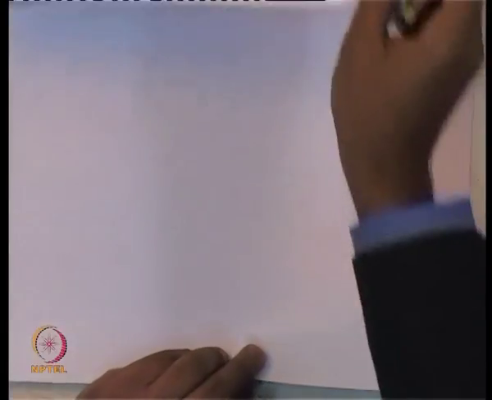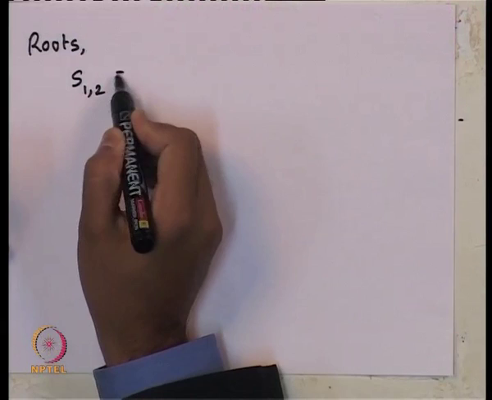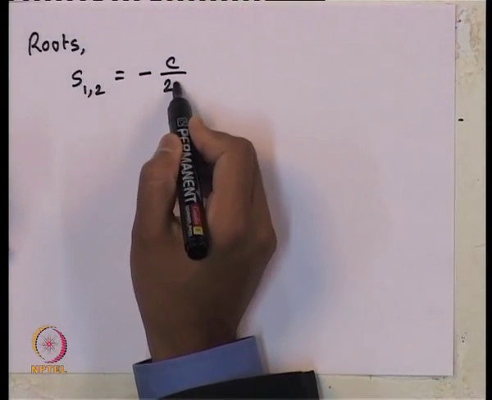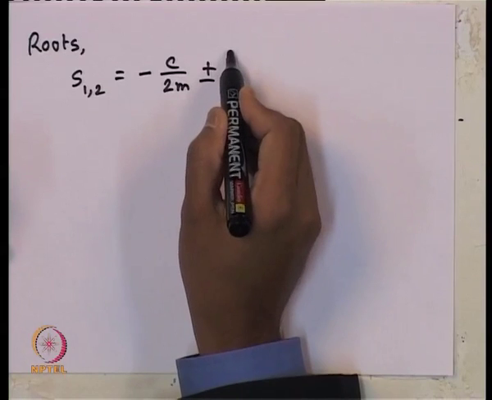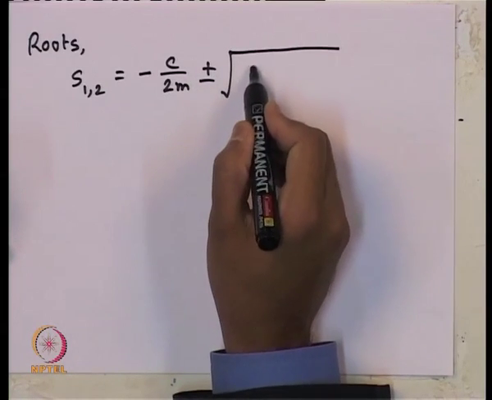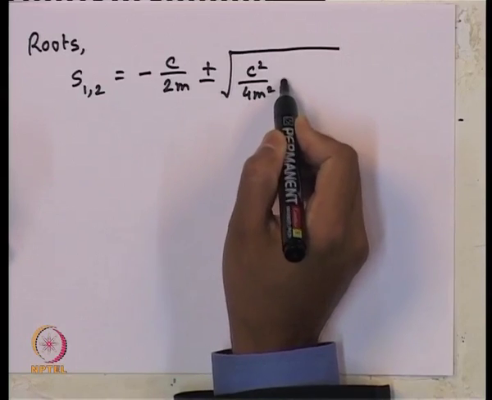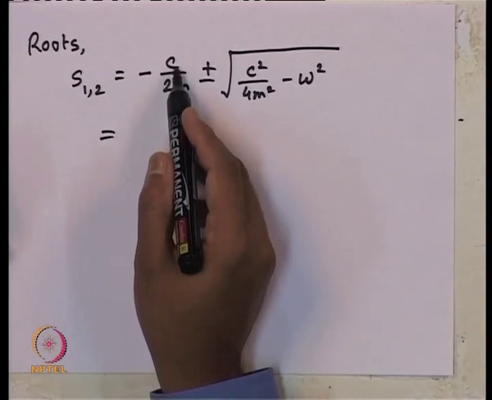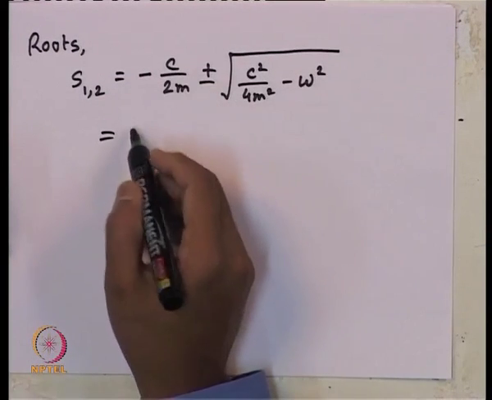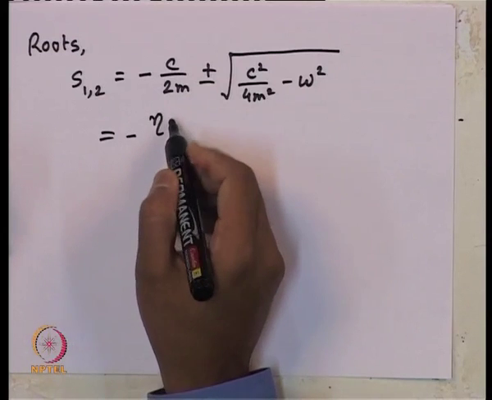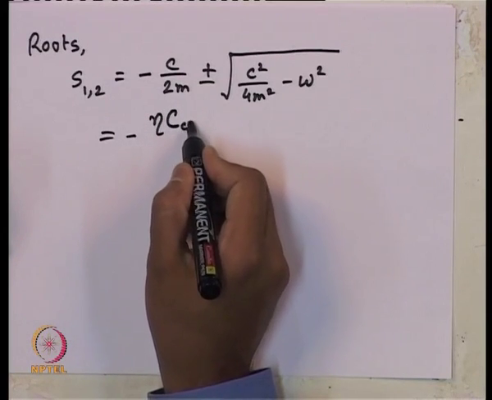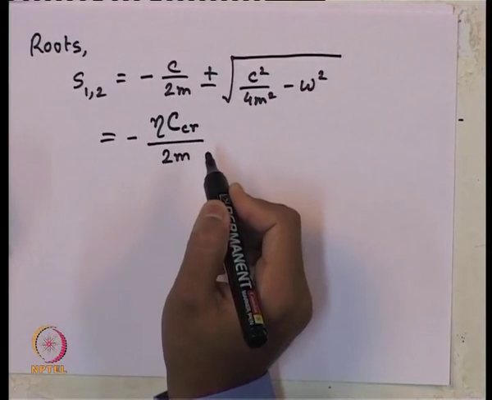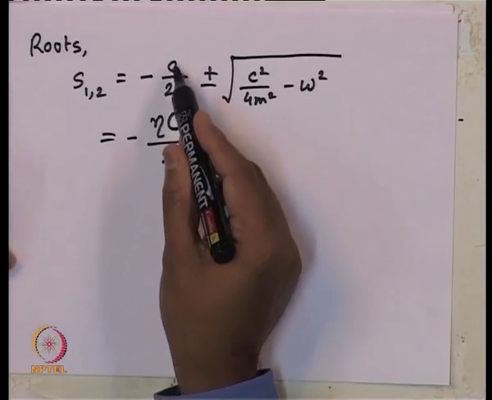So, with this condition, what are the roots we are getting for this case when roots are real and distinct? Two roots will be minus c by 2 m plus minus root over c square by 4 m square minus omega square, that was the solution we got. Now, c is how much? The damping ratio times C_CR. We have defined eta equals to c by C_CR.